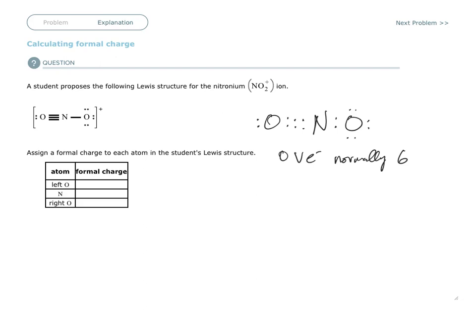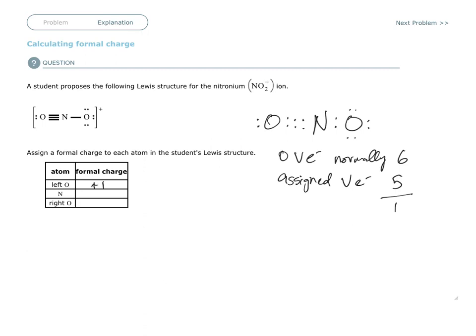We assigned 1, 2, because those are our lone pairs, and then half of the bonding, 3, 4, 5. Assigned valence electrons is 5. So we've got a positive 1.